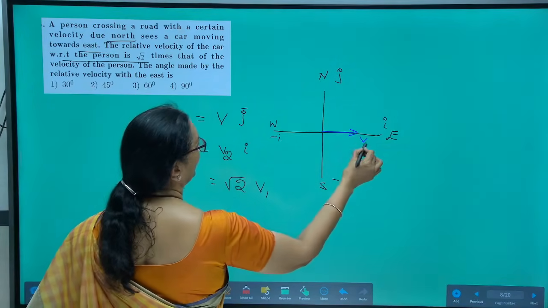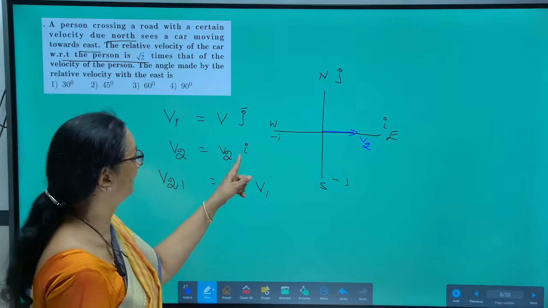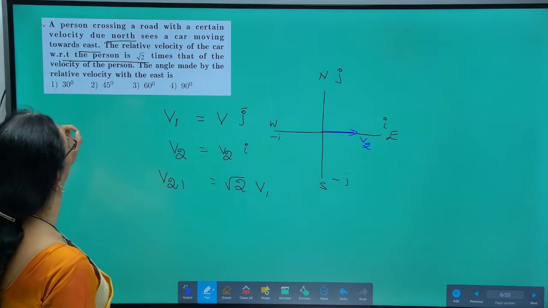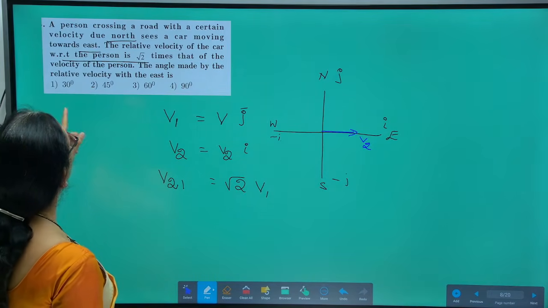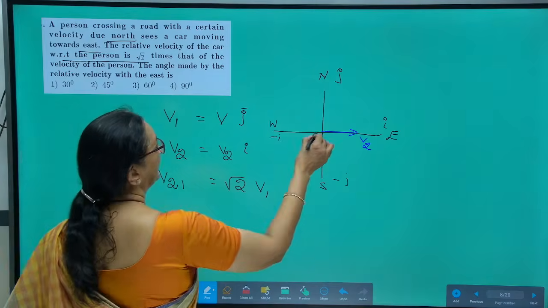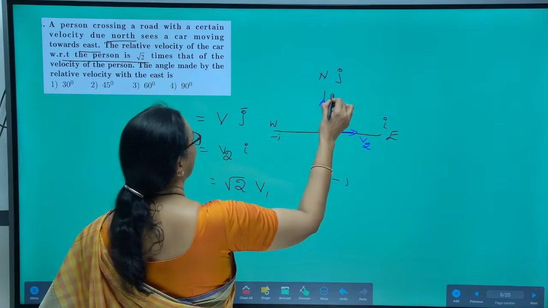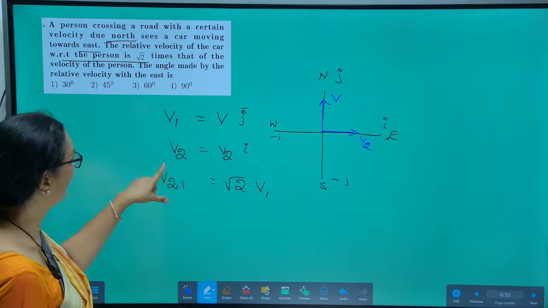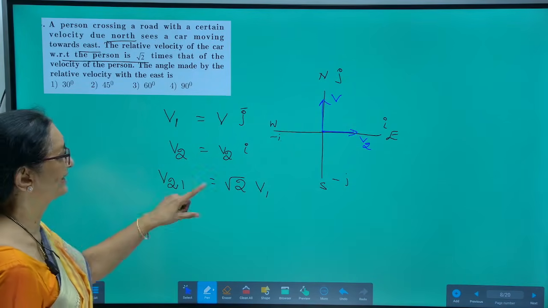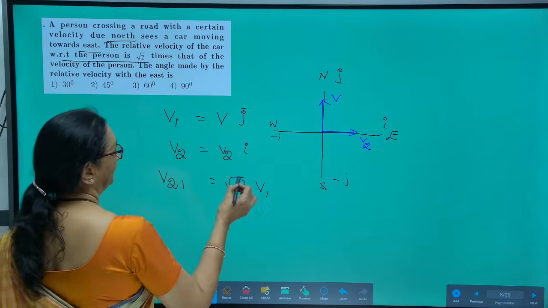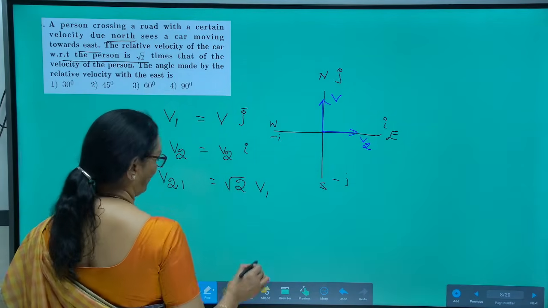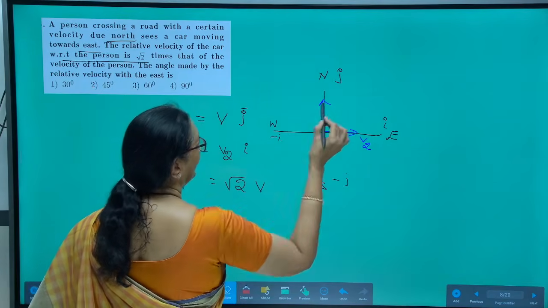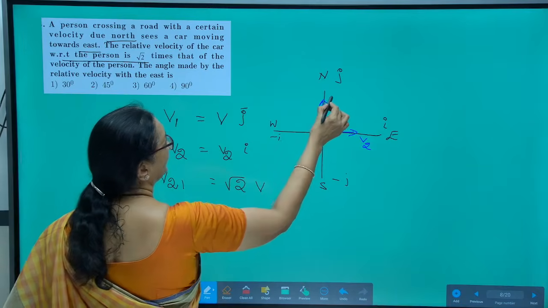The car is moving with a velocity V2 eastwards, and the person is moving with a velocity V due north. So, velocity of the car with respect to the person is root 2 times his velocity. Just look here, this is given as V.